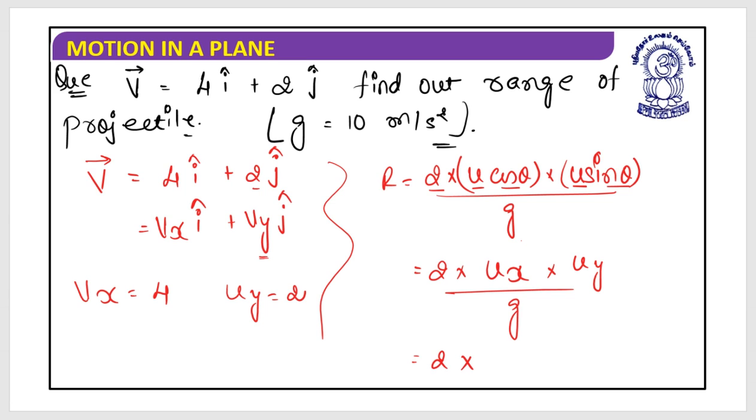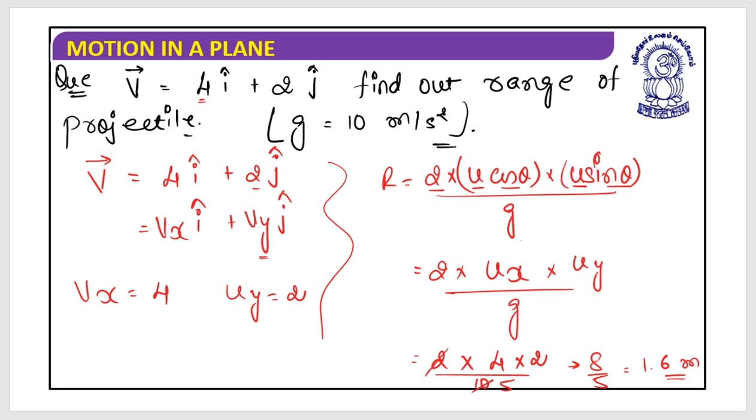Vx and ux are the same because velocity in the horizontal direction remains the same throughout the journey. So this is 2 multiplied by 4 multiplied by 2 divided by 10. 2 4s are 8, 8 by 5, which is 1.6 meter.